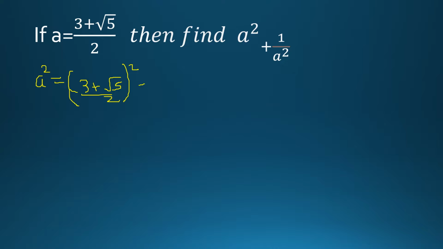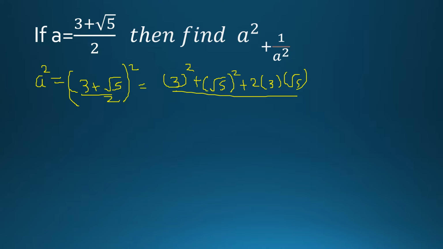Yes, a plus b whole square is a square plus b square plus 2ab, divided by 2 square is 4. So you'll get in terms of 3 square 9, root 5 square 5 plus 2 3s are 6 root 5 by 4, that is 14 plus 6 root 5 by 4.